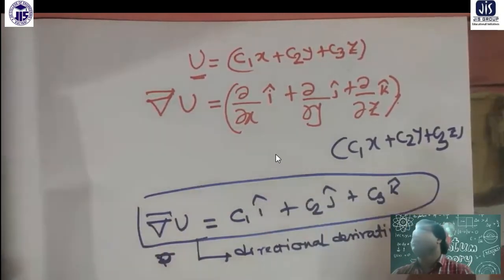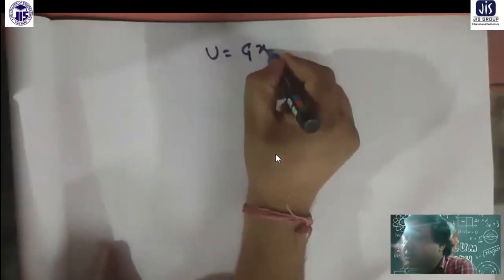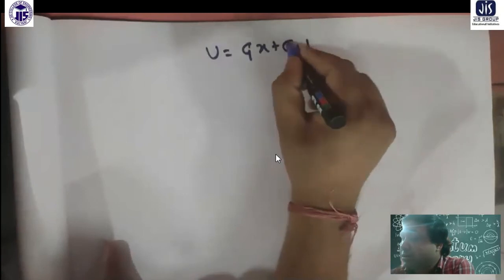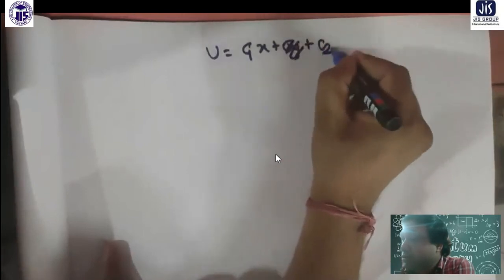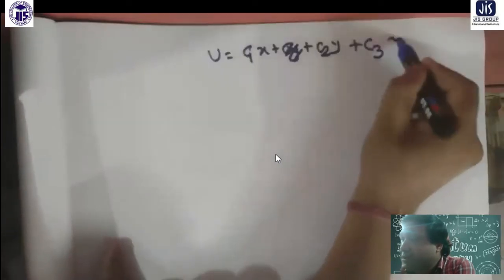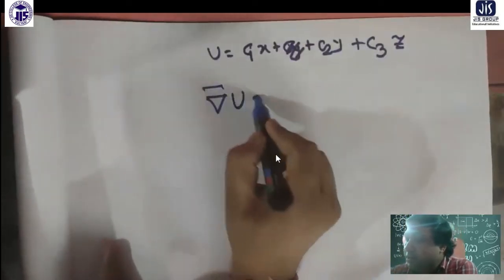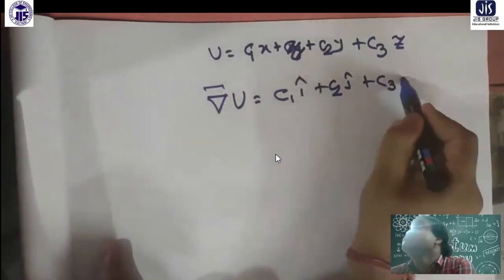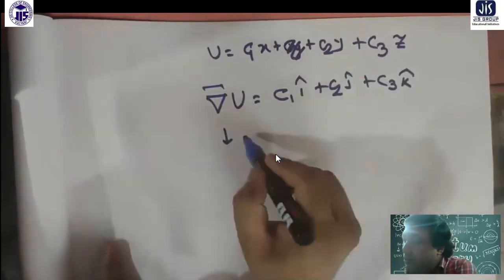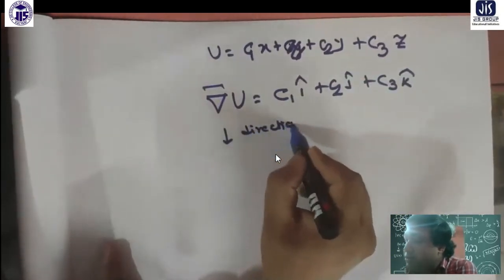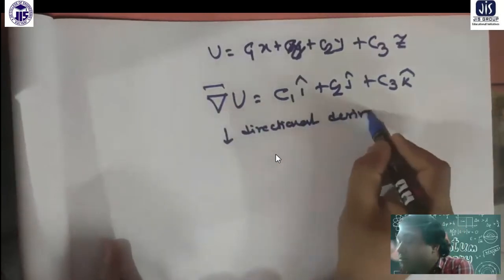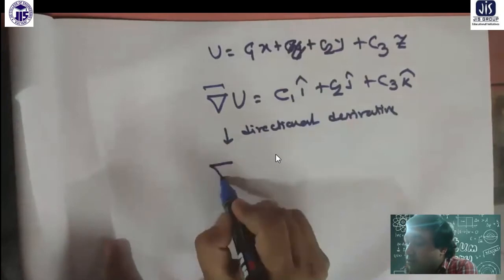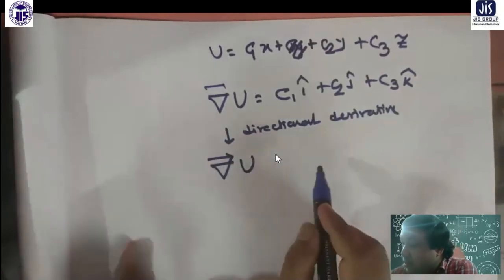Directional derivative means, if this is your function c1x plus c2y plus c3z, and this is the gradient c1 i plus c2 j plus c3 k, then in a given direction you take the dot product.